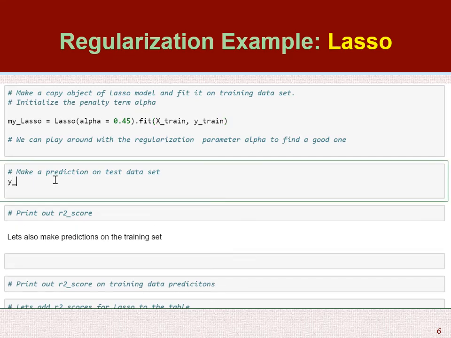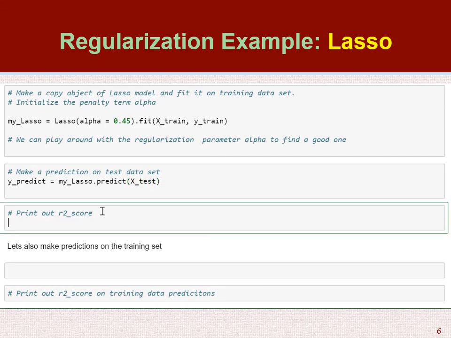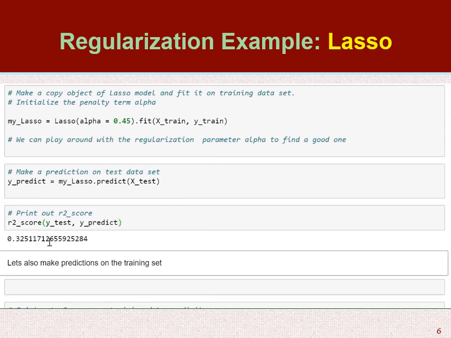I'm going to call y_predict to keep our prediction from my lasso. I'm going to call my model to make a prediction on the test data set, X_test, and I'm going to compute the R2 score for the real value y_test and our prediction y_predict. So it's about 33%.